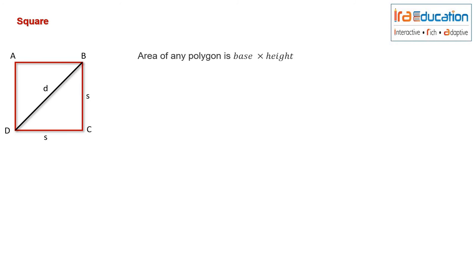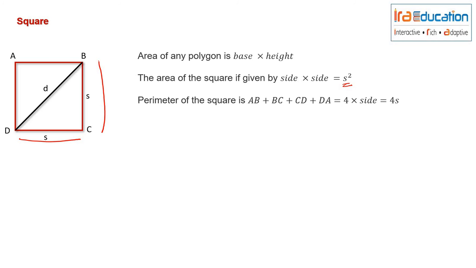If I apply that to this square, the base is DC and the height is BC. Therefore the area is DC times BC, which is side times side, or S square, because DC is equal to S and BC is also equal to S.